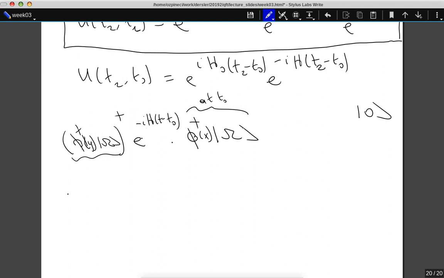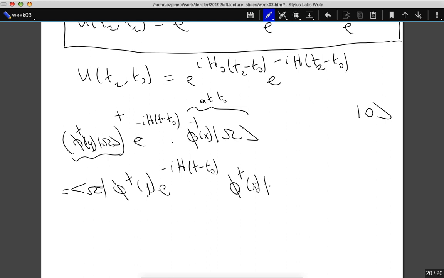Or I can write it in this form, omega. At the end of the day, these are the things I would like to calculate. At the initial time, I might ask the question.